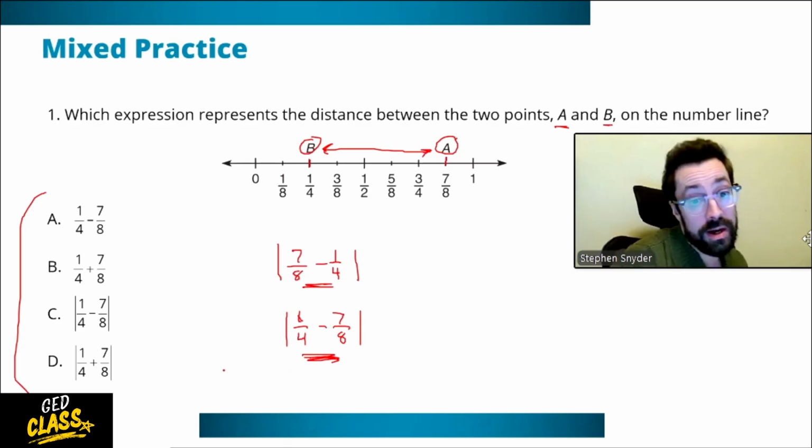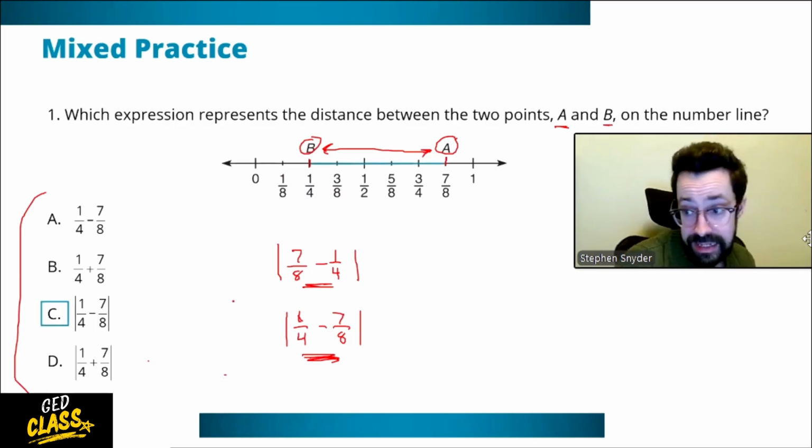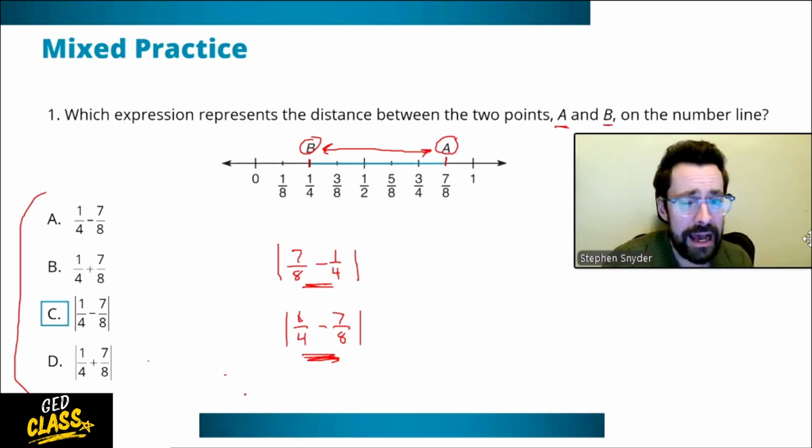Either of these would be correct, but the only one that we get is answer choice C here, so that is going to be our right answer. Now, let's actually do this math, y'all. Y'all, in order to add or subtract fractions, what do I need?